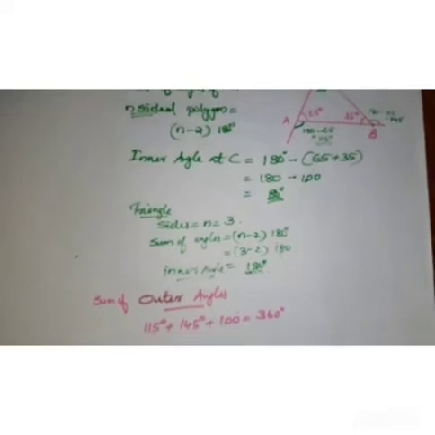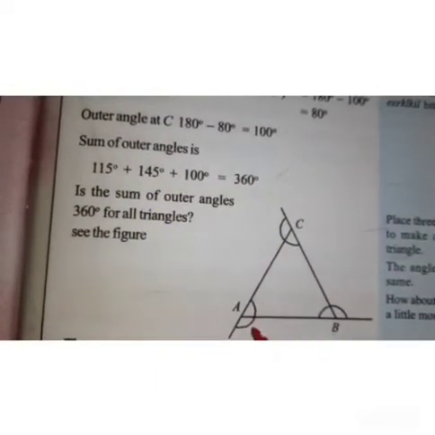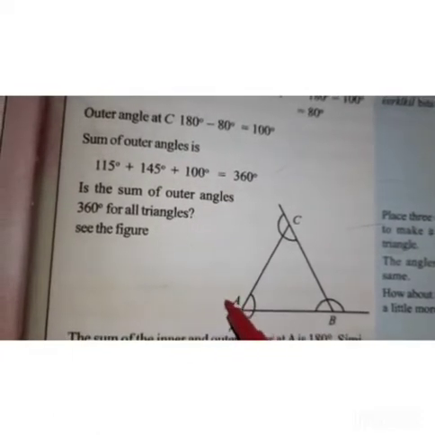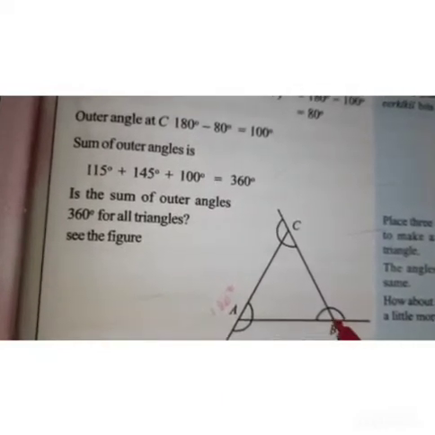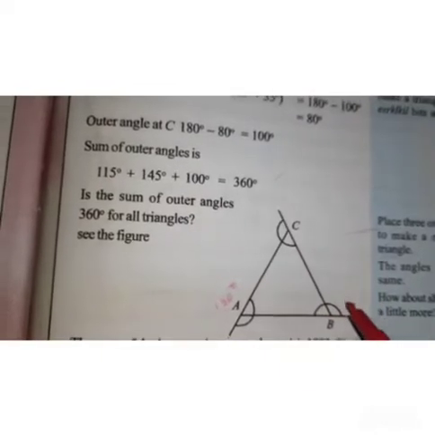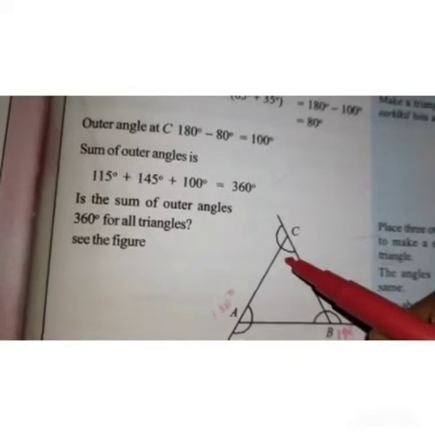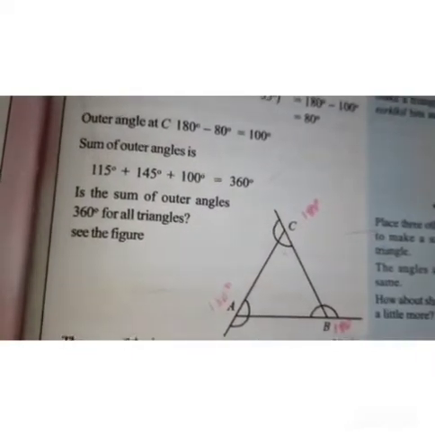See this triangle. The sum of inner and outer angles at A is how much? It is 180 degrees. And what about B? The sum of this inner angle and this outer angle together, how much is it? 180. Then the inner angle and outer angle at C together is 180 degrees.